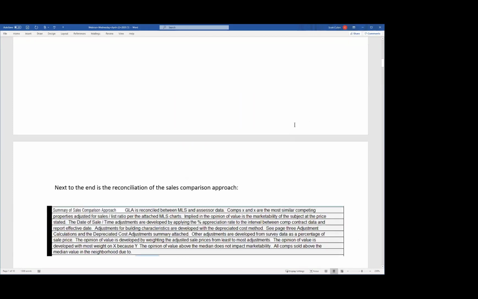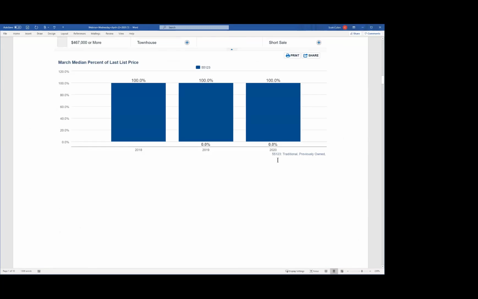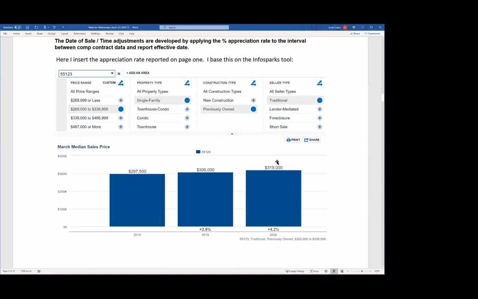Okay. Yes, this is paired data, or excuse me, group data. I use a tool in my MLS. This is actually something that you could do with a search, right? You could search all the houses. You have a search criteria for your geography this year, and then do the same search last year.